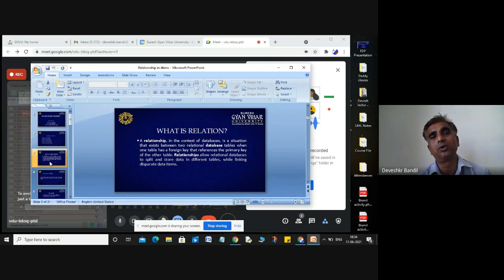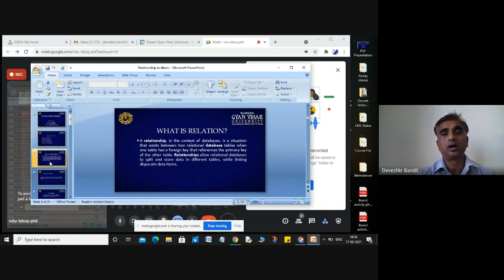As I have told, entity is a person, place, and your entity has some characteristics called the attributes. Like your student has some characteristics like student name, student father name, student mother name, student sister name, student teacher, student course, student area, student pin code, etc. These are all attributes of your particular entity.